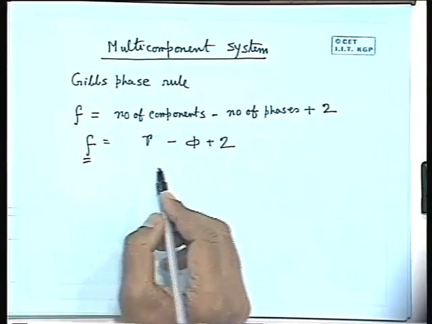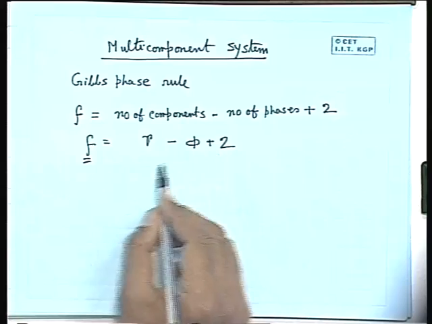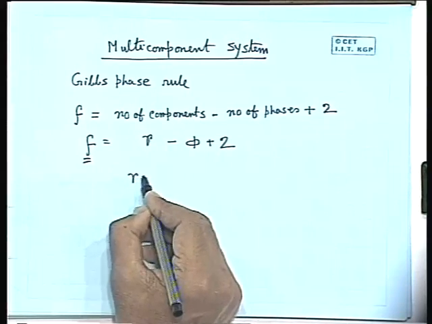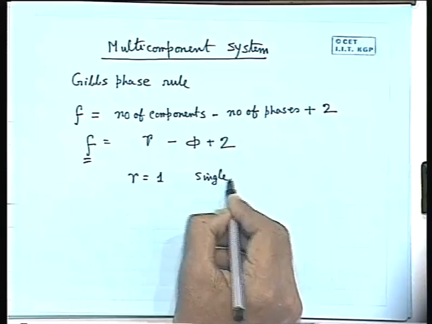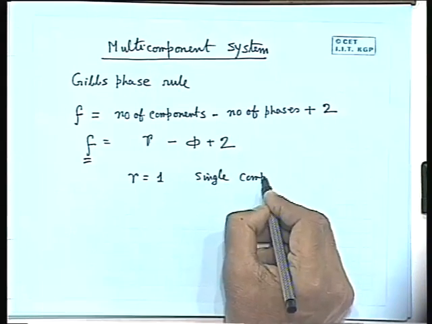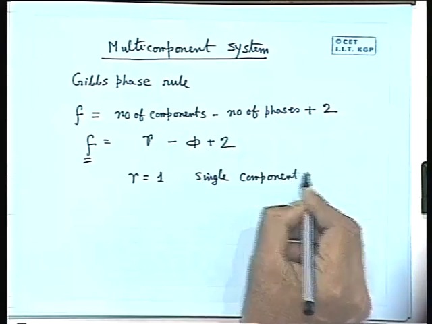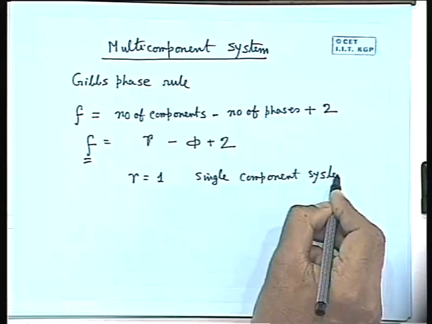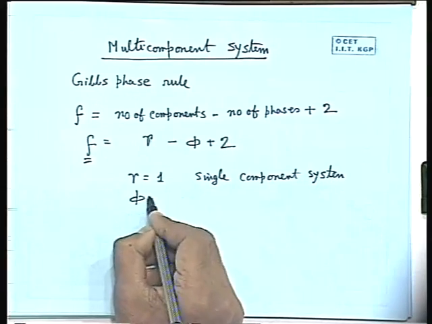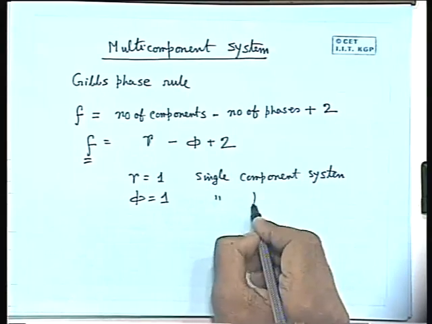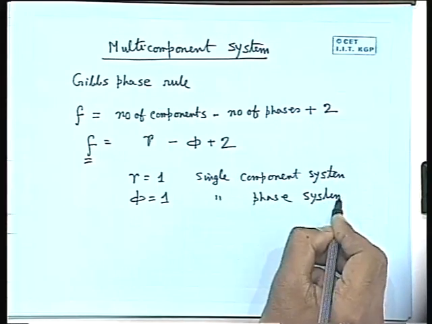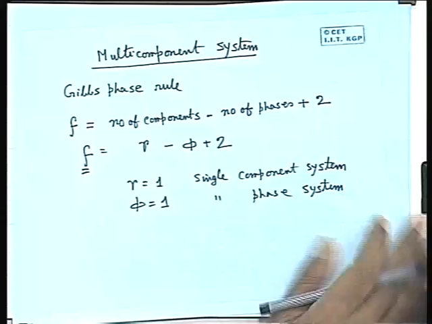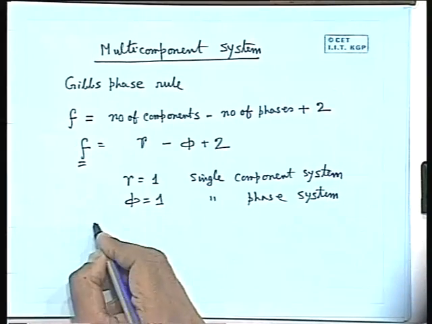Now let us take a simple example, which we have discussed so far. If this is a single component system, that means R is equal to 1, and a single phase system, phi is equal to 1, then we get F is equal to 2.